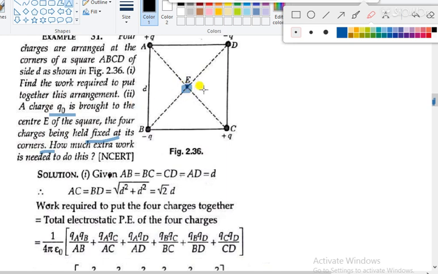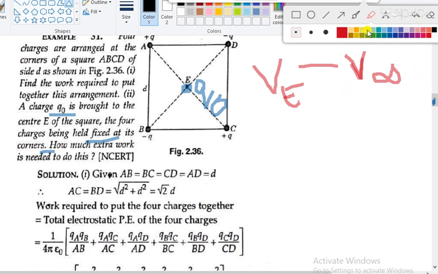He is asking about the work done. So students, as you know, potential at infinity due to these four charges is 0. So we have to find the potential at E. If we know the potential at E, then we can subtract the initial potential from the final potential, so we can calculate the work done.